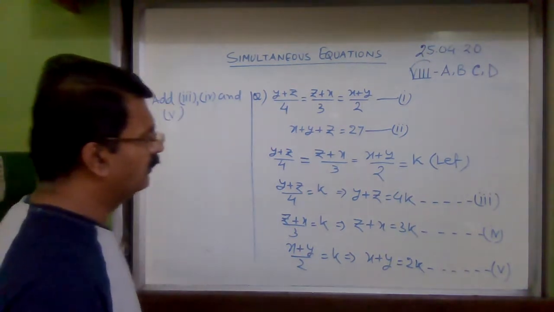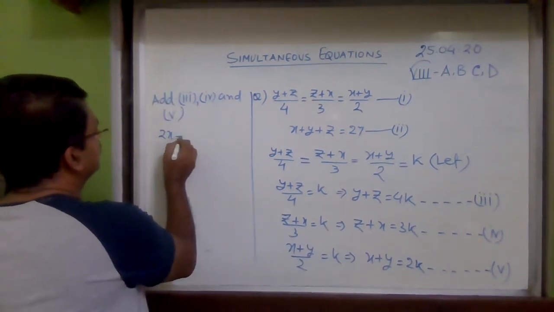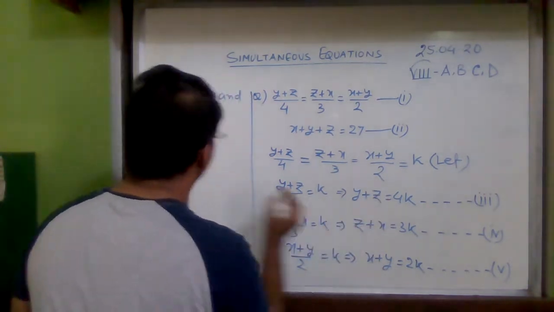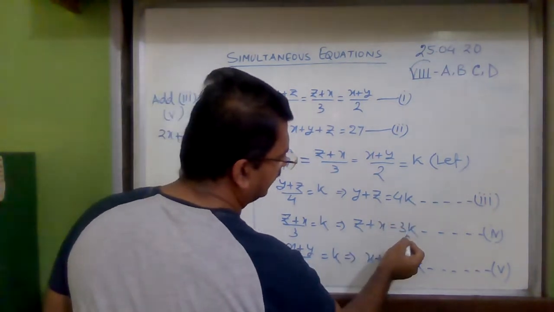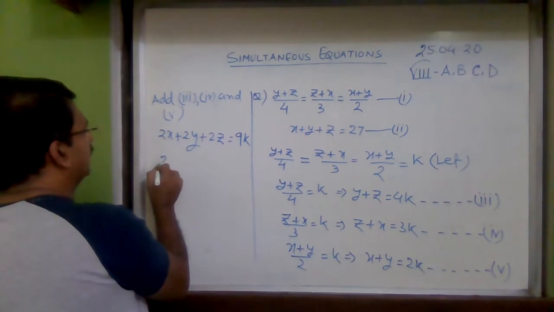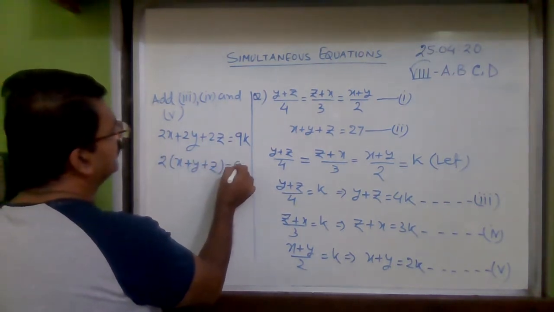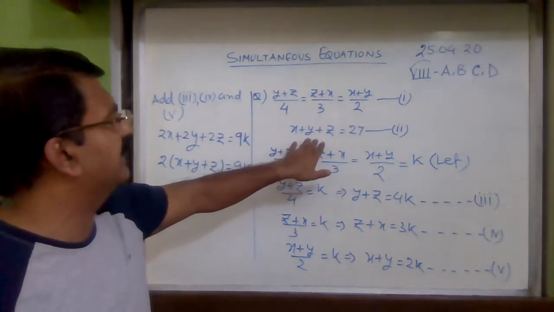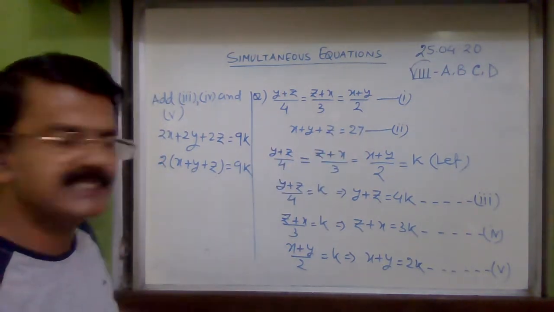Now you see, when you add these 3 equations, x plus x becomes 2x, y plus y becomes 2y, z plus z becomes 2z is equal to 4k plus 3k, 7k plus 2k is 9k. Now from these 3, if you take 2 common, then x plus y plus z in one bracket is equal to 9k. But you see, in the equation number 2, they have given that x plus y plus z is equal to 27. So in place of x plus y plus z here, you can put 27.